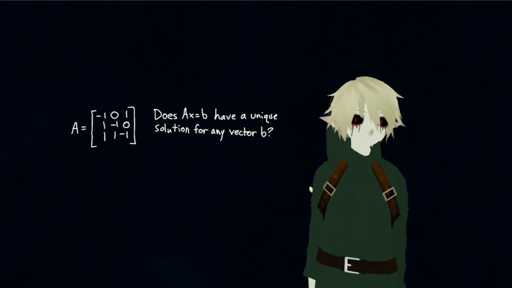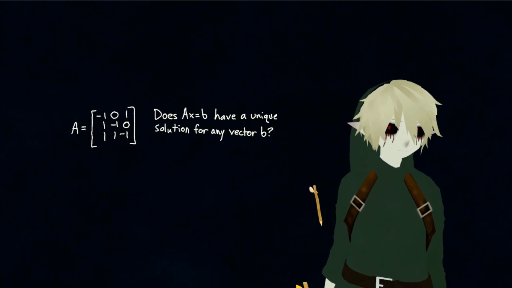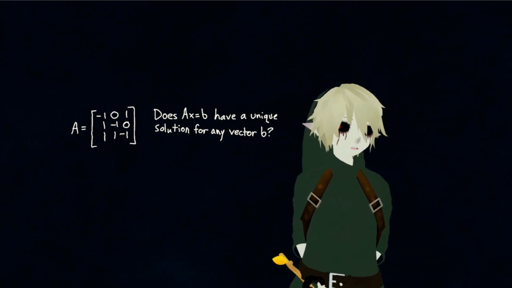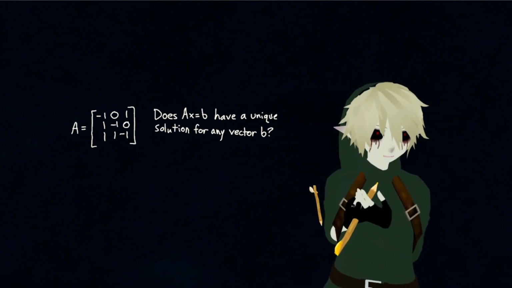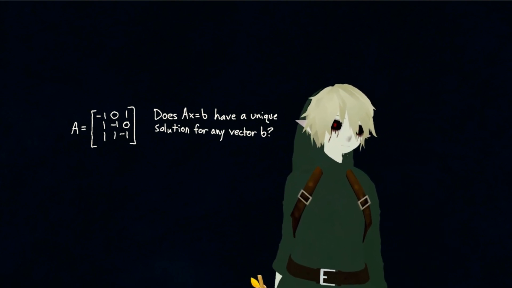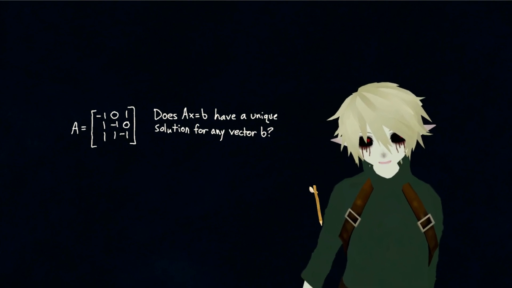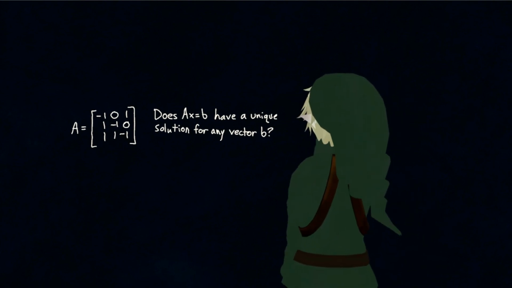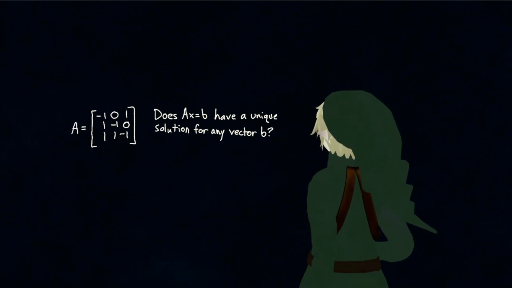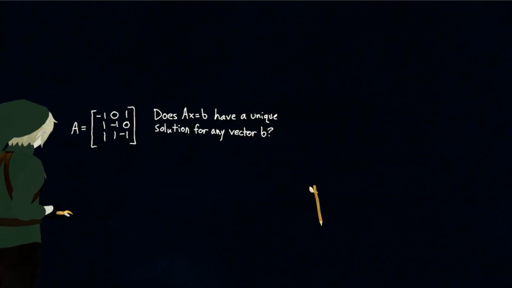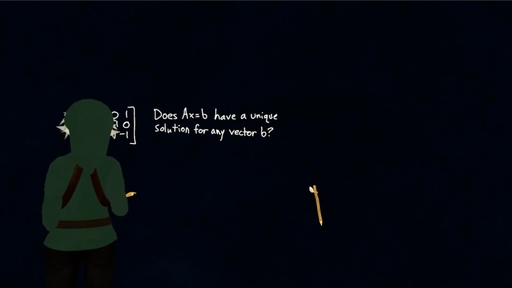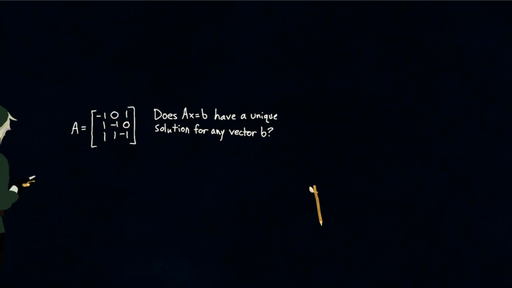Okay, so now, how about this question here? So let's do this part. So if we put it in a matrix equation for any vector b, does it have a unique solution? Does this matrix equation have a unique solution for any vector b? For any vector b, what that means, okay, let's see.